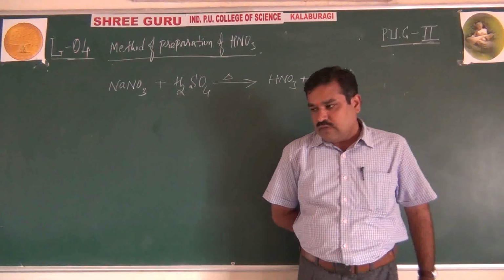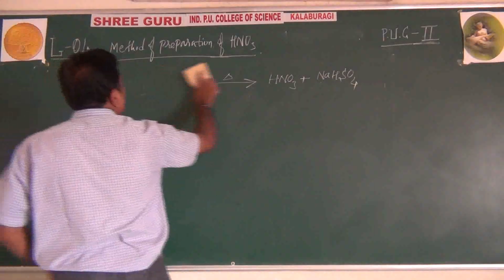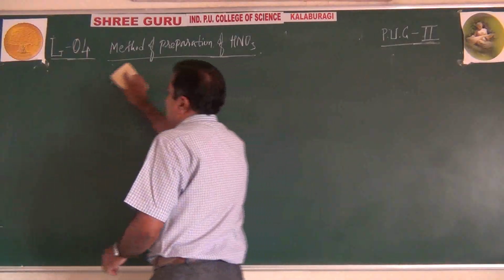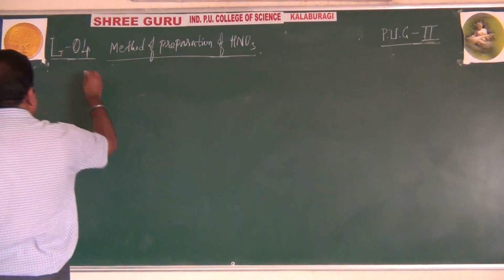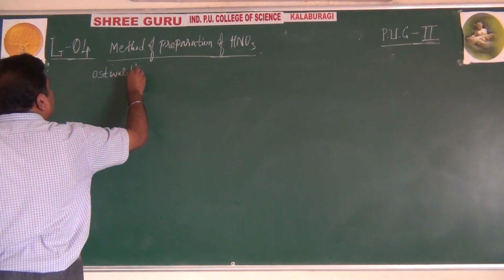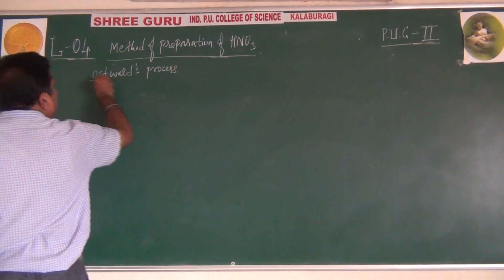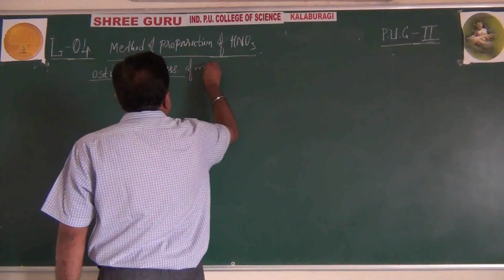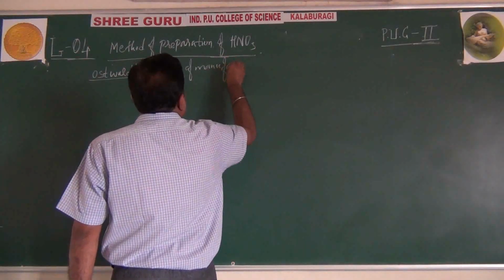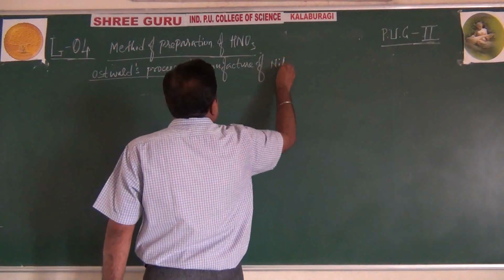Let us discuss what this Ostwald's process is. The first process, Ostwald's process of manufacture of nitric acid.